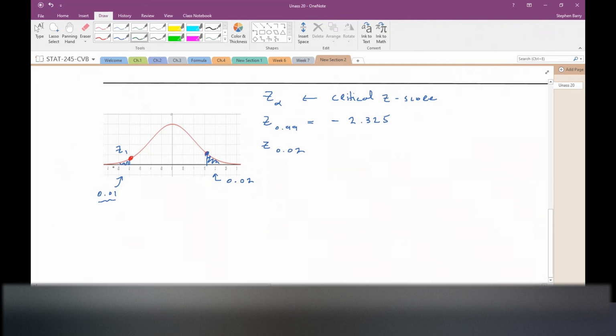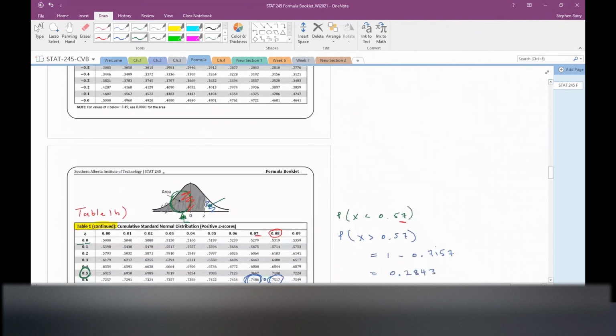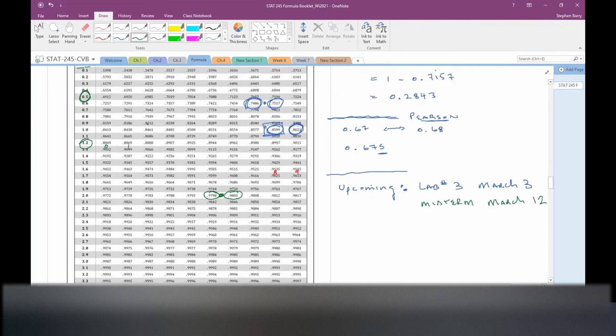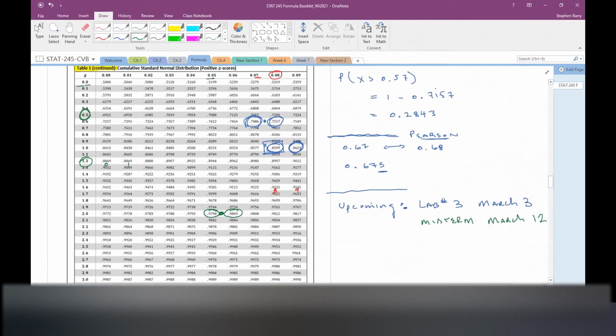Well, because the chart reads from the left-hand side, I'm going to be looking for a value of 0.98. So that's going to be a positive Z score. 0.98 is somewhere here. Again, they're very close, so let's take the middle. So 2.055.